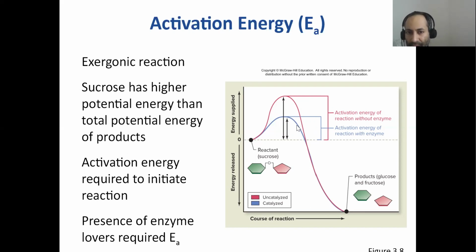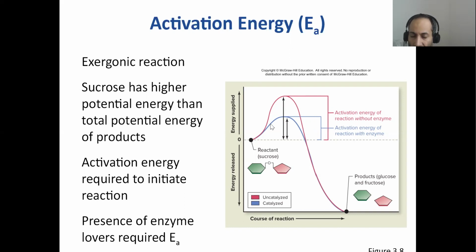Which one is going by faster? The blue one. The blue one only needs this much activation energy, and then it can go on. The pink one needs to go a whole lot higher, a whole lot more energy is taken before it can accomplish itself, right? So this is the difference between a catalyzed reaction and an uncatalyzed reaction.